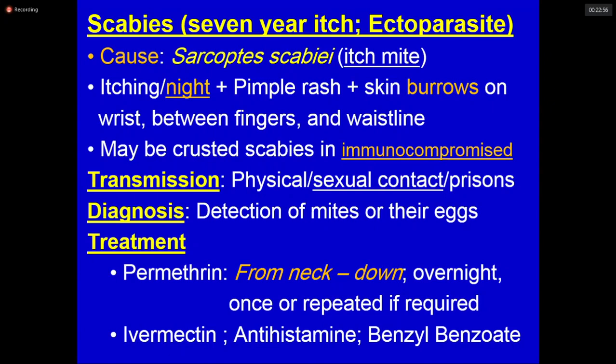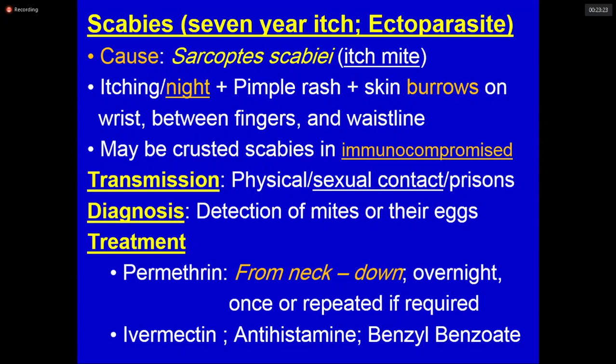But today, because it is also related to the UGS, we are going to mention only a few points about it, just for refreshment and to keep it in mind. This ectoparasite can cause itch mainly at night and a pimple rash, and I will show you a picture of the rash.